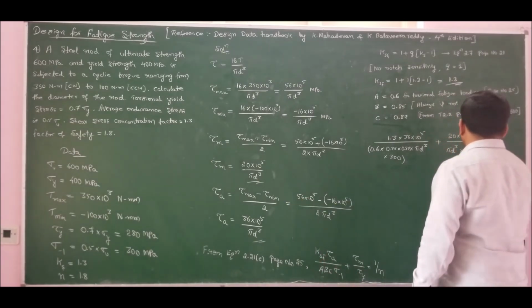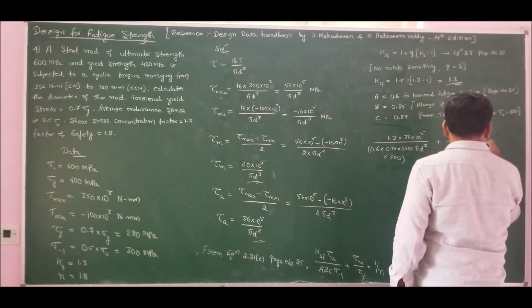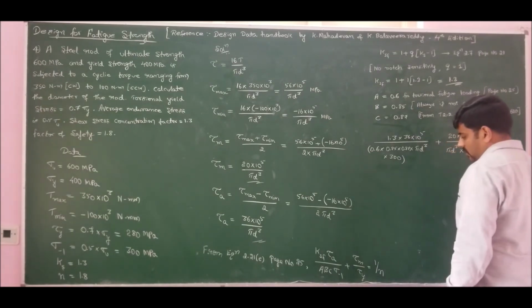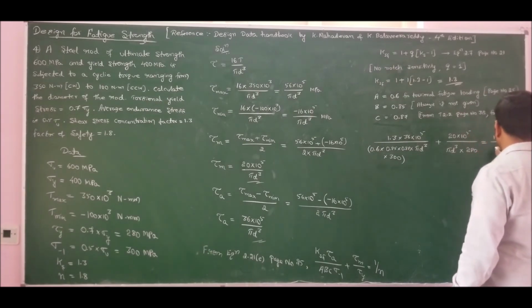Tau yield is 280, which is equal to 1 by factor of safety. Factor of safety is 1.8.